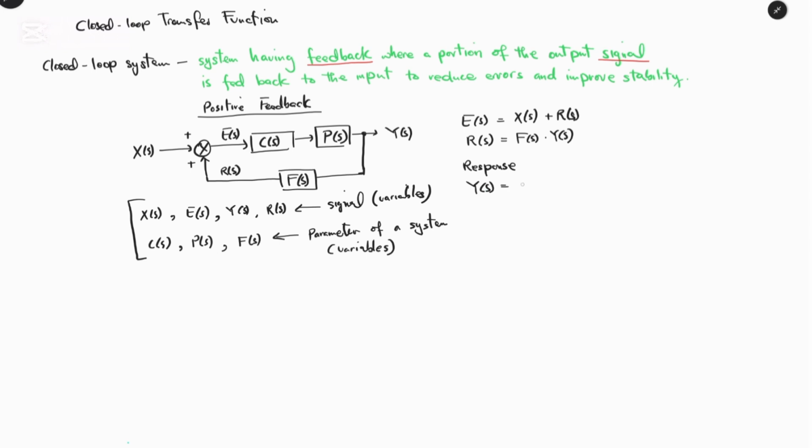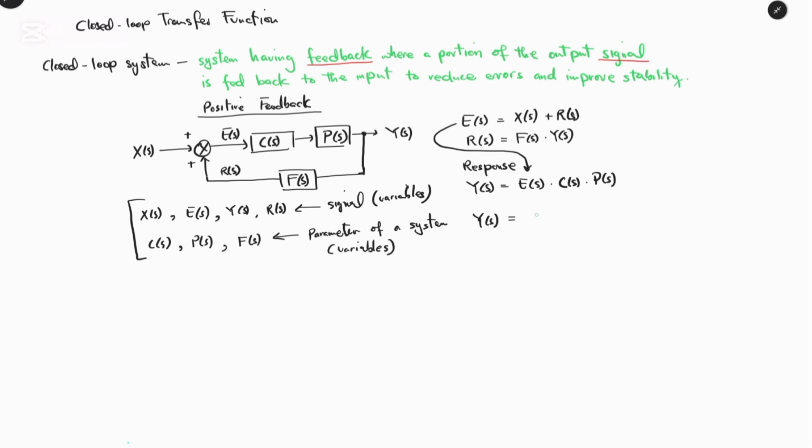So Y of S is now equivalent to E of S, which is the error signal, multiplied by C of S and P of S. That means E of S is the representation of the error signal in the S domain, and C of S is the representation of the controller in the S domain. And now we can further simplify by substituting E of S into this equation.